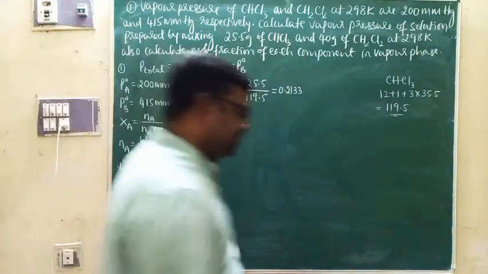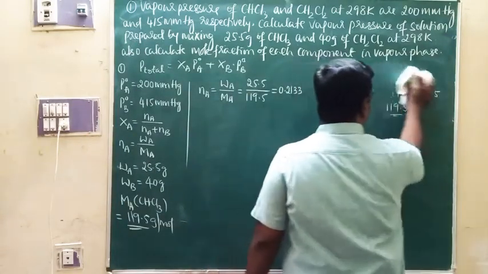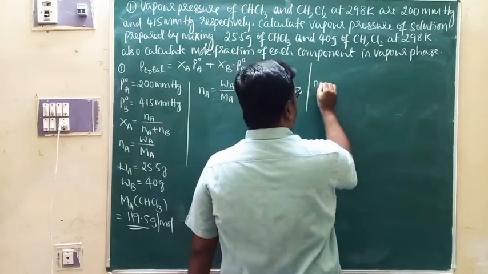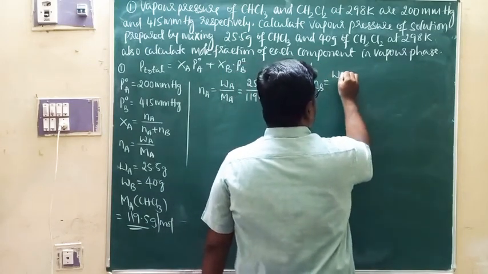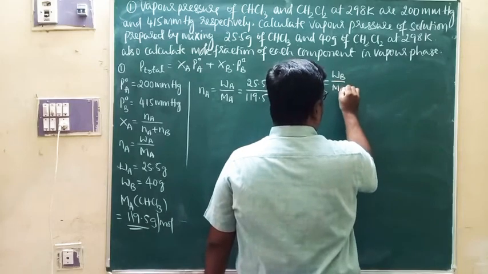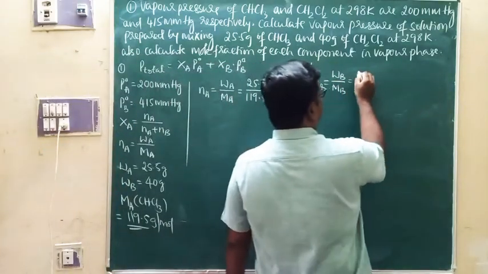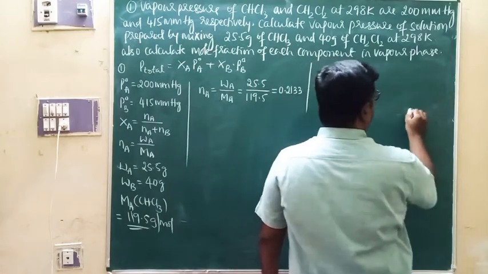Now go for the number of moles of dichloromethane. That is mass of B divided by molecular mass of B. Mass of B is given as 40 grams. What is the molecular mass of dichloromethane?